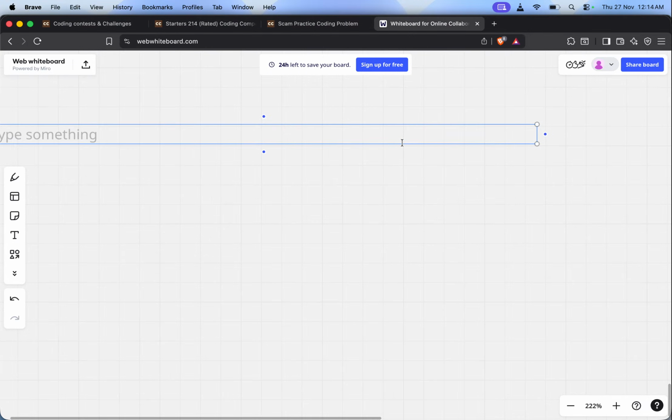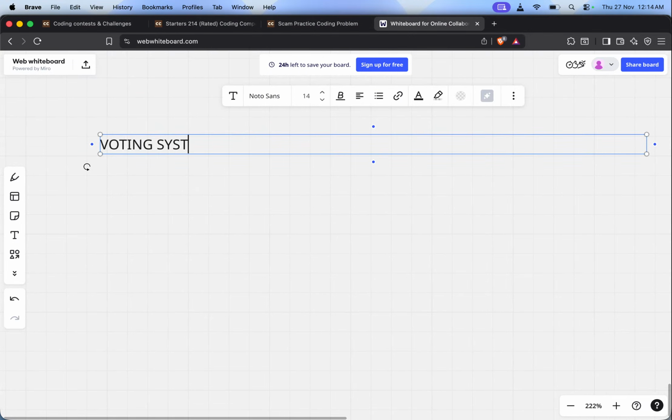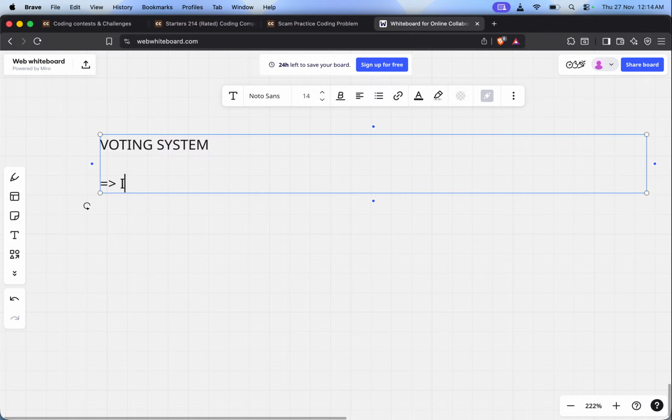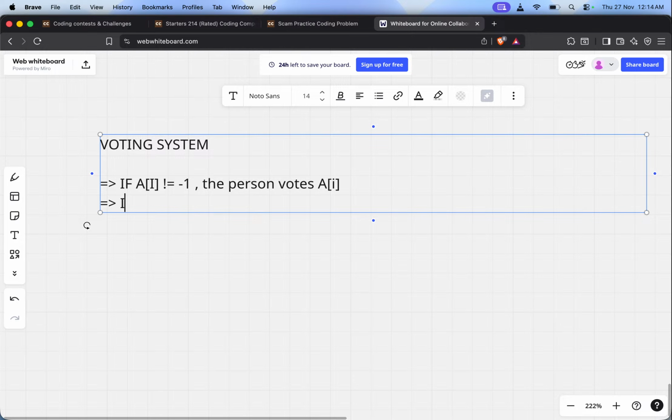We are given a voting system. If a_i is not equal to minus 1, the person votes a_i. If a_i is minus 1, the person votes for the element or member with highest frequency in the prefix.